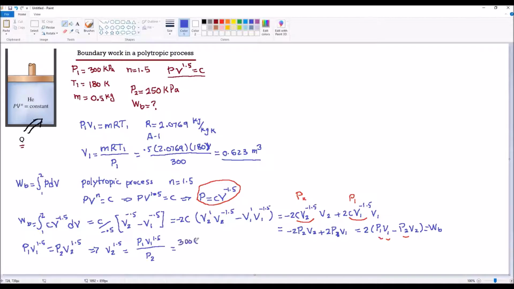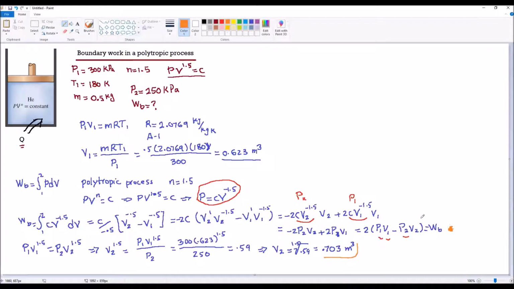Plug in values, 300 kilopascals, 0.623 to the 1.5 divided by the given final pressure, 250. The answer is 0.59, which means the final volume is the 1.5 root of 0.59, which is 0.703 cubic meters. This is the final volume.